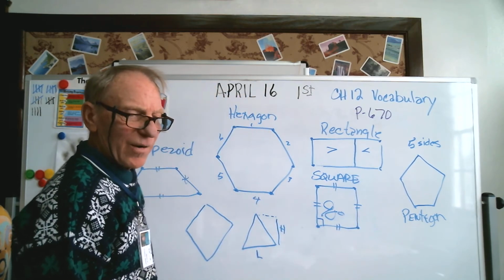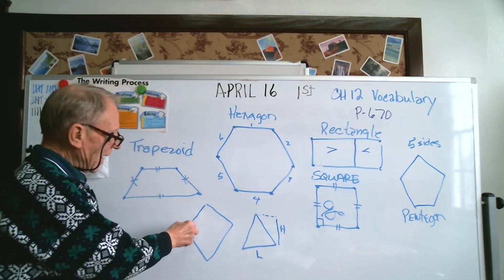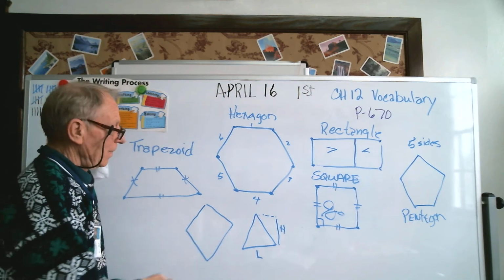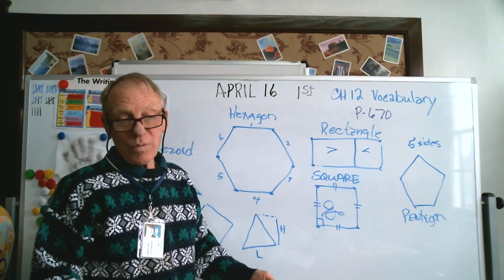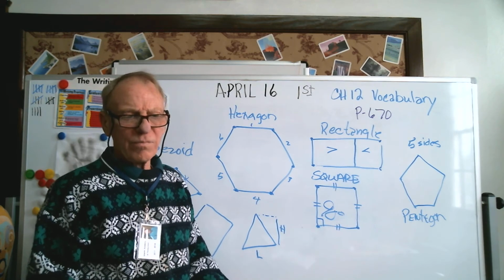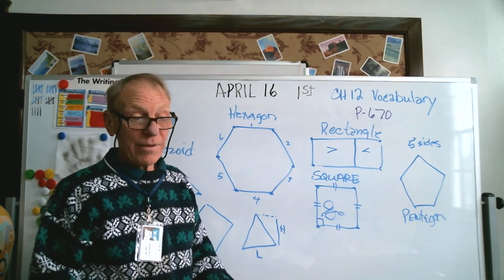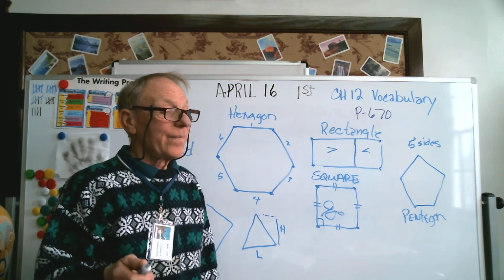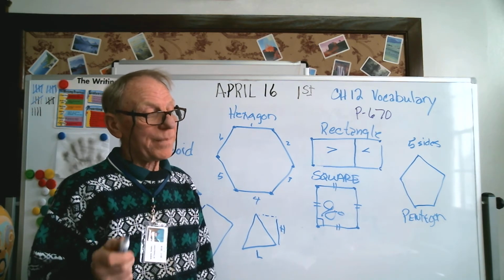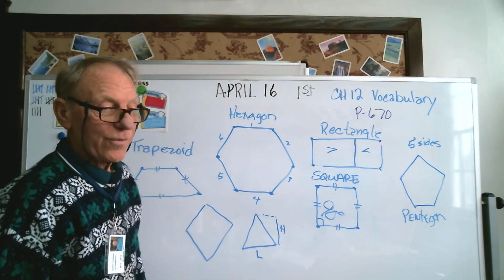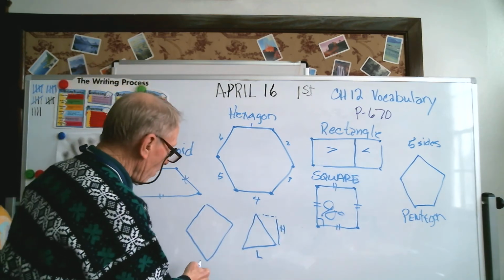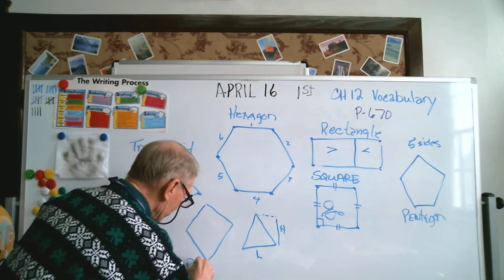It's a right angle. These are not right angles. But the sides are all the same length. And isn't that what the rule of a square is? 4 sides that are all the same length? Well, it also has to be 90-degree corners. Otherwise, it's called a rhombus.